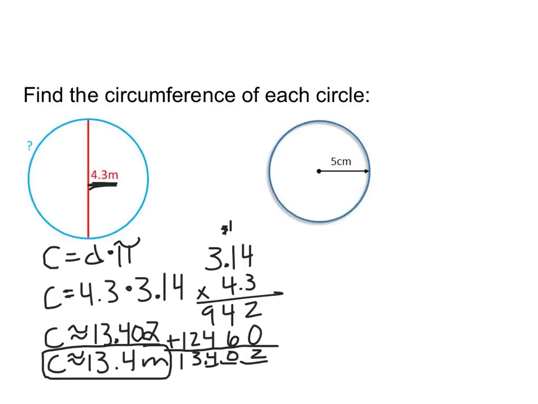On the next one, we were given the radius. So if I want to use the first formula, then I would use 10 for my diameter because it's double, or I could do circumference equals 2 times r times pi.